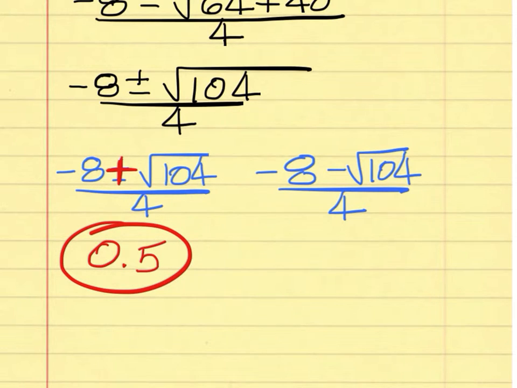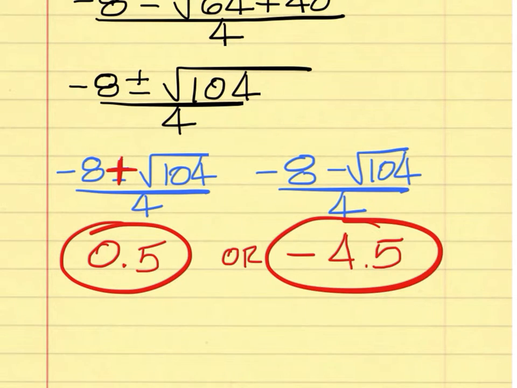We're going to round to the tenths place. And then on the problem on the right, you'll have -8 minus the square root of 104. Hit equals or enter and get an answer. But don't forget to divide it by 4. And that's a -4.5. So you have 0.5 or -4.5.